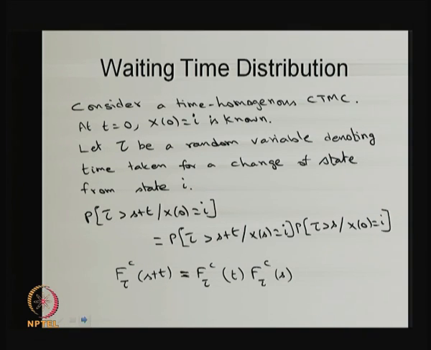Let me define the random variable tau, denoting the time taken for a change of state from the state i. Change of state means it does not matter which state it goes to; my interest is to find the waiting time distribution for the state i, the time spent in the state i.